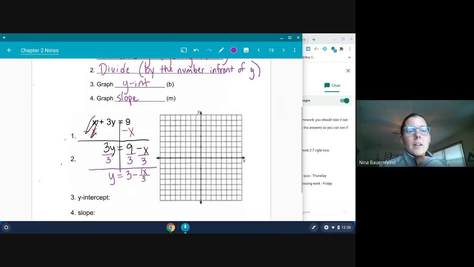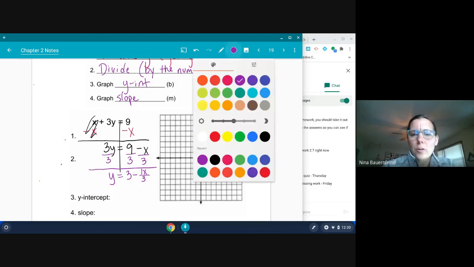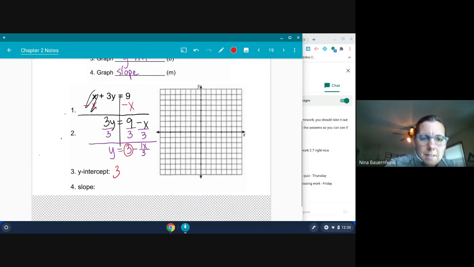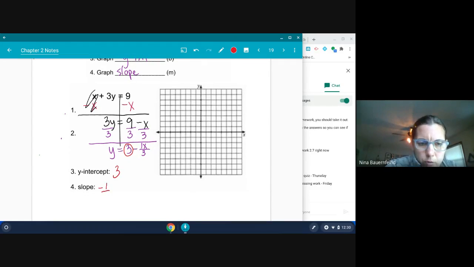So that's our equation now. This is a little bit weird because our y-intercept is actually 3, because it's the number with no x, and our slope is negative 1 over 3.